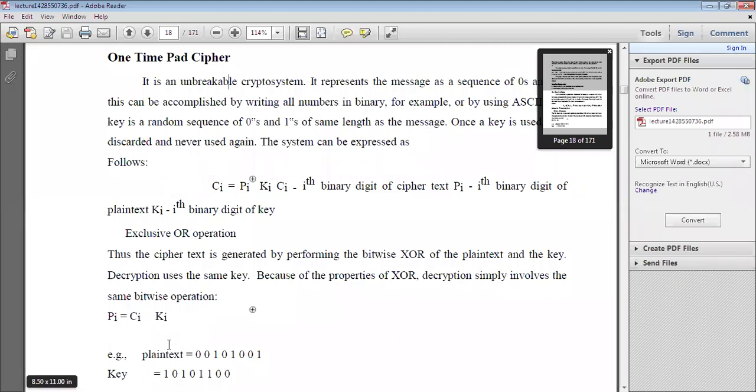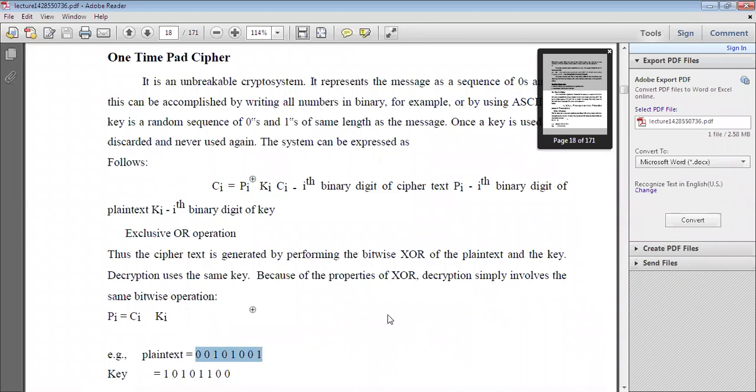First, all the characters we have must be converted into ASCII form, into zeros or ones. So after converting the letters into ASCII form, you get values of either zeros or ones only.